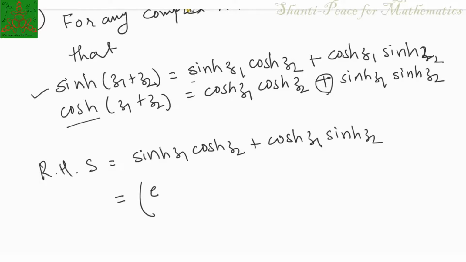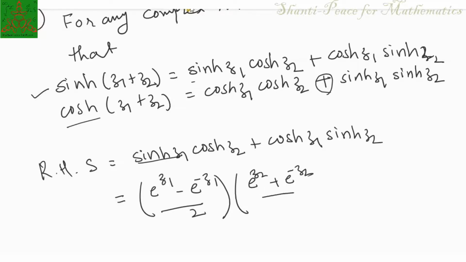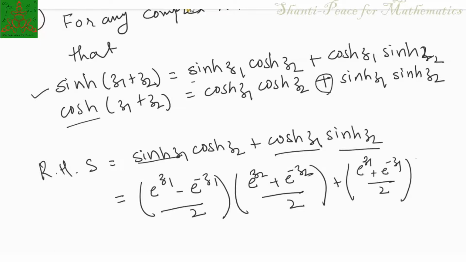As per the definition of hyperbolic function, that gives me (e power z1 minus e power minus z1) upon 2, times (e power z2 plus e power minus z2) by 2, plus (e power z1 plus e power minus z1) by 2, times sine hyperbolic of z2, which is (e power z2 minus e power minus z2) by 2.